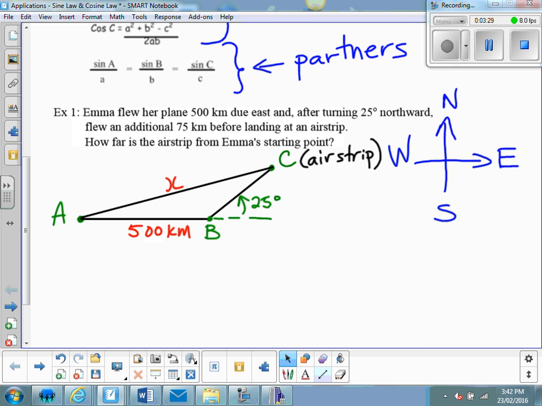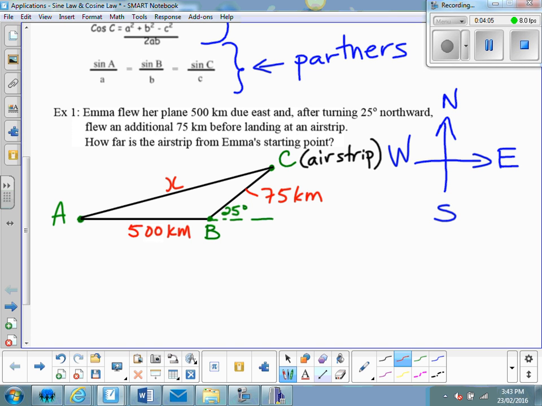I'm just going to move that 25 into here. Maybe I'll just redraw that. So this is 25 degrees in that corner there. I do know that this side is 75 kilometers because that's the distance she flew at the end before landing in an airstrip. So right now, for the triangle, I know two of the sides.